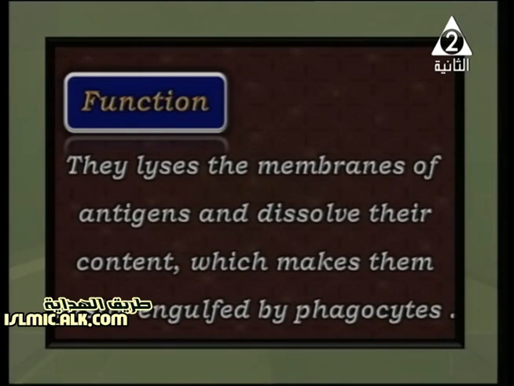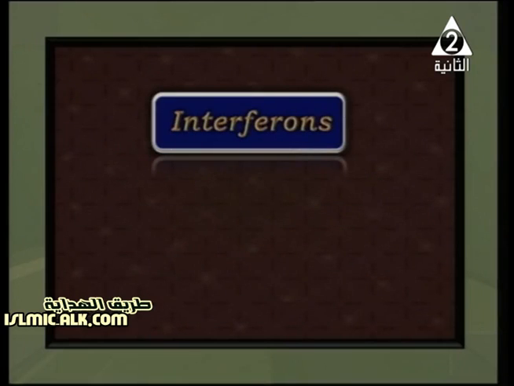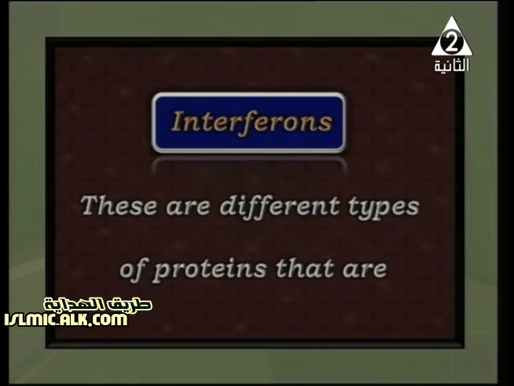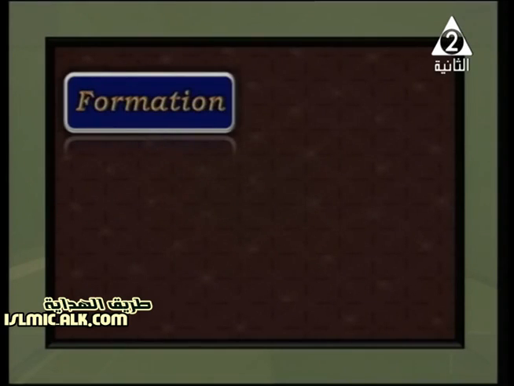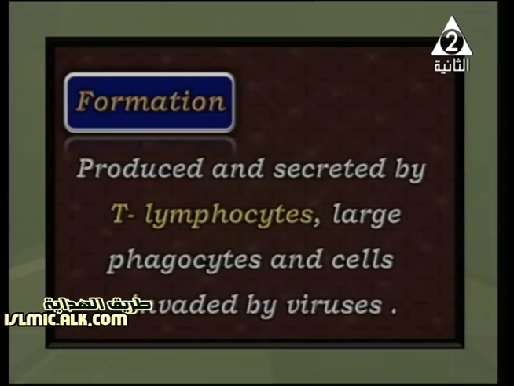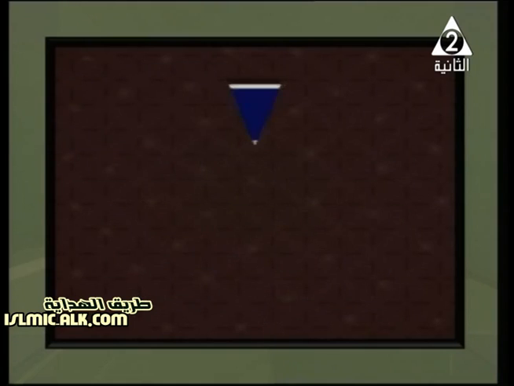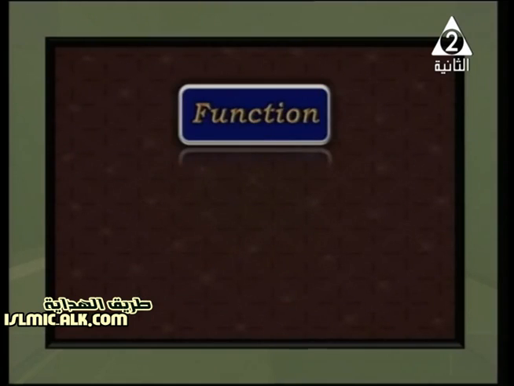Also, we have the interferons. They are different types of proteins, and we need to know their formation and their function. Starting with the formation, they are produced and secreted by T lymphocytes, the large phagocytes and cells invaded by viruses. What about the function of the interferons?